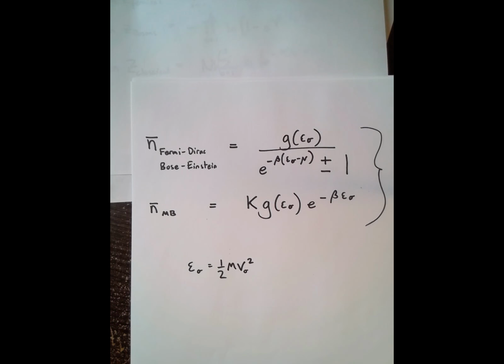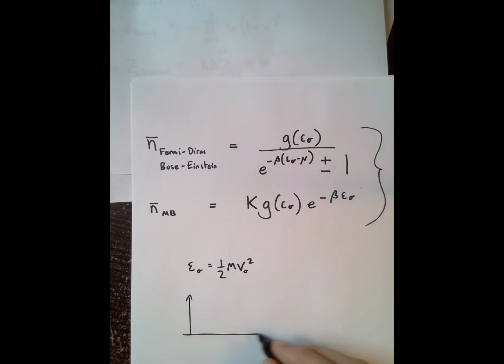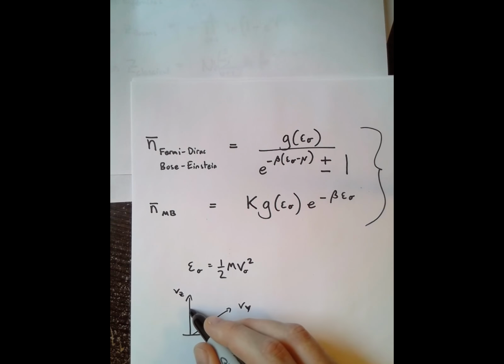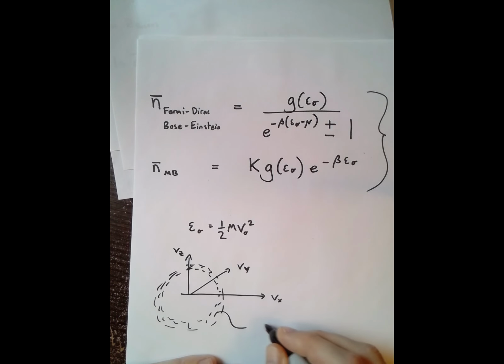If you think back to phase space, where we wrote components Vx, Vy, and Vz, then there is a sphere or a shell within which every particle has a velocity between v and v plus dv.